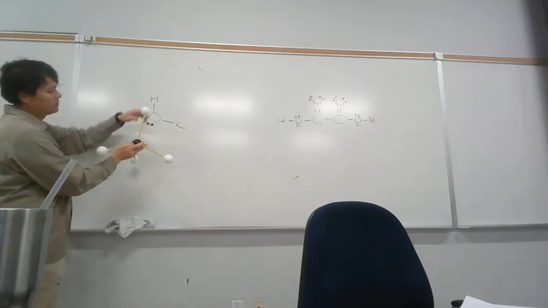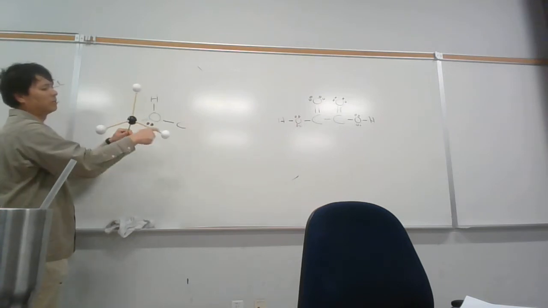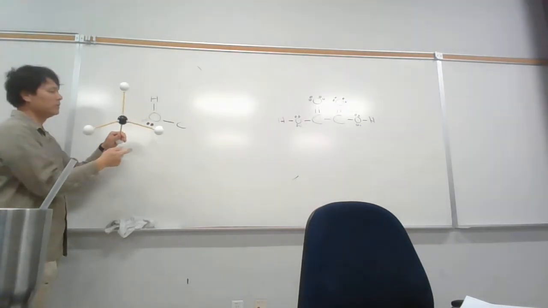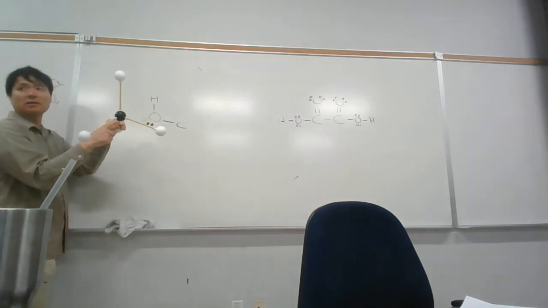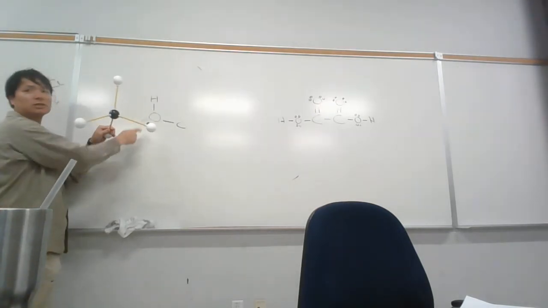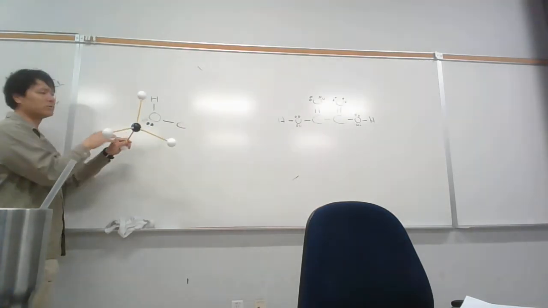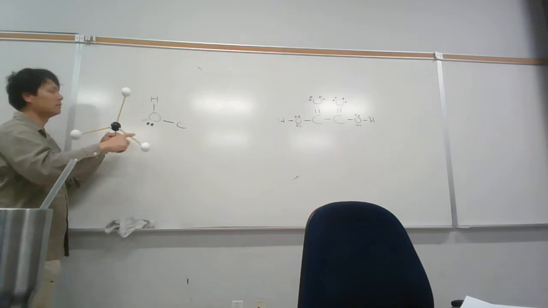And so what I'm going to do is put this hydrogen up here and this carbon down here. And that means one of these groups sticks out. This group will be the lone pair, which wedges out. And this group that sticks in will be the lone pair dashed here. Do you see that? One lone pair comes out, the other lone pair goes in. The hydrogen's in the plane, the carbon's in the plane.